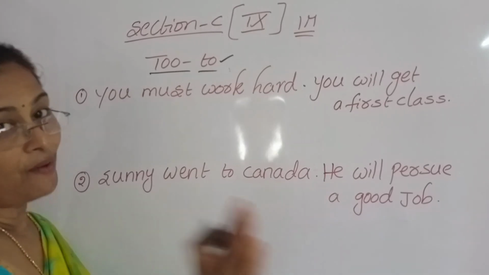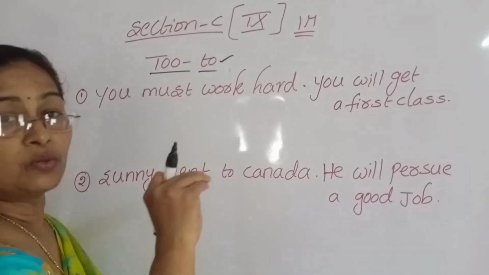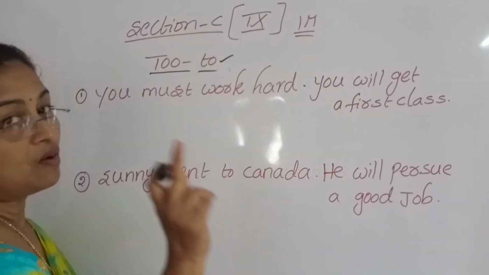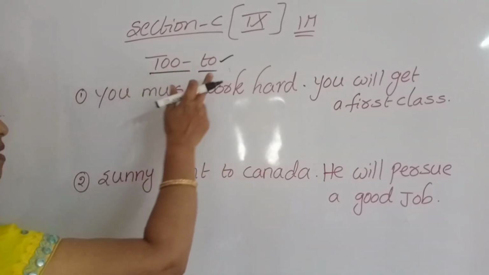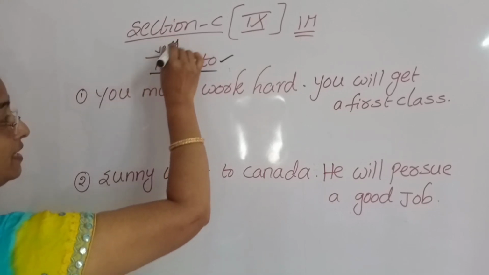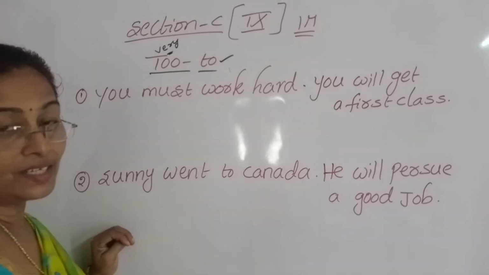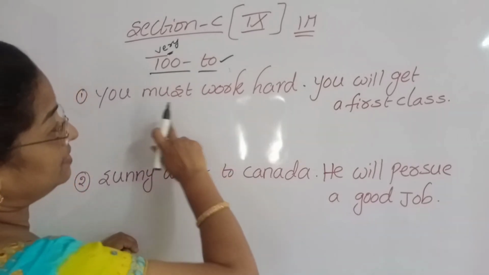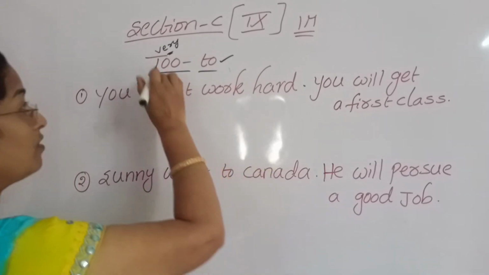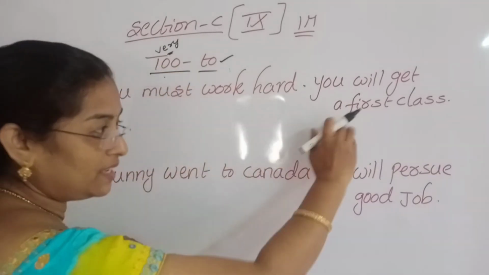Sometimes we have to use one, sometimes the other. The meaning of too is very. In place of very, if you get the word very in a sentence, we have to use too. If there is no very, we need not use too here.